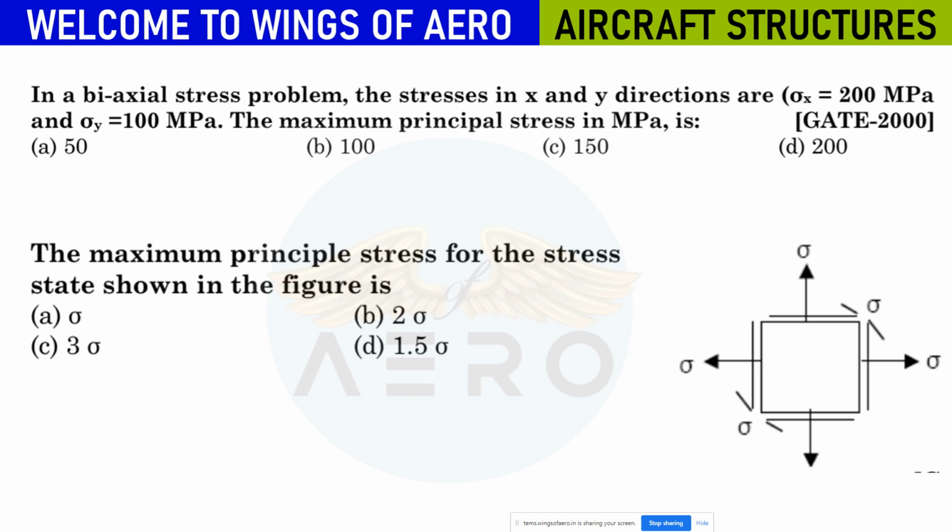Ma'am, 150. Calculate it properly. Ma'am, what about the tau value? If tau is not given, that means it is 0. In a biaxial stress problem, there won't be any tau. For combination only, we'll have the tau.